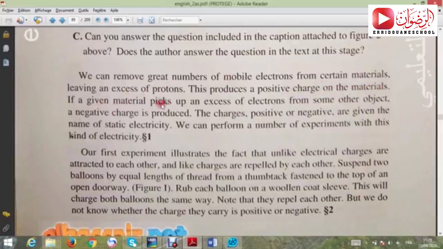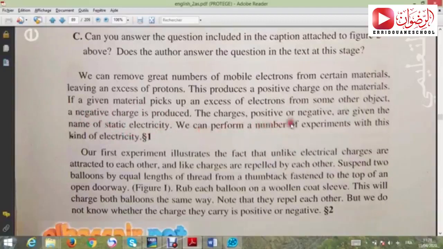If a given material picks up an excess of electrons from some other object, a negative charge is produced. The charges, positive or negative, are given the name of static electricity. This is the name that the balloons take: the electricity that the balloons take, we call static electricity, whether it's positive or negative.